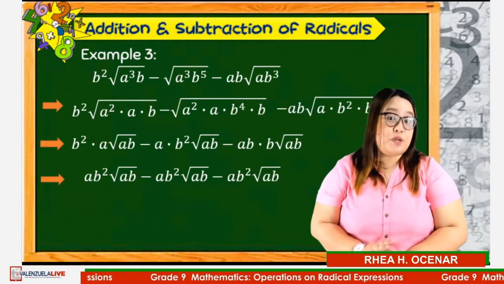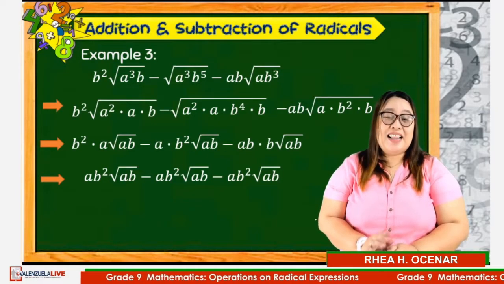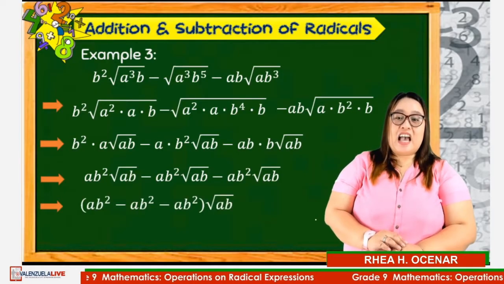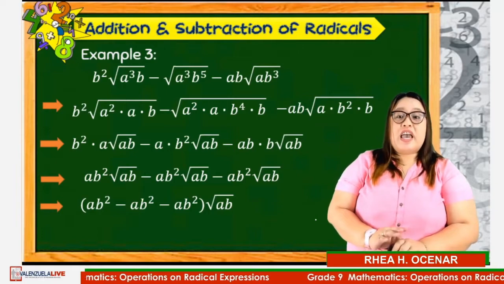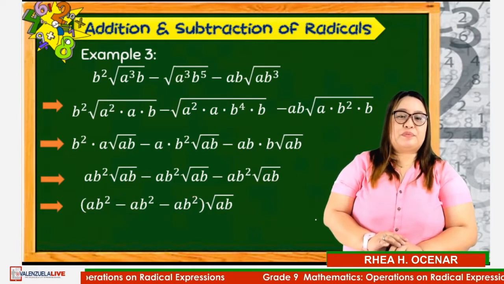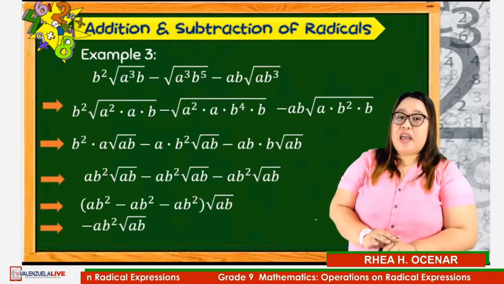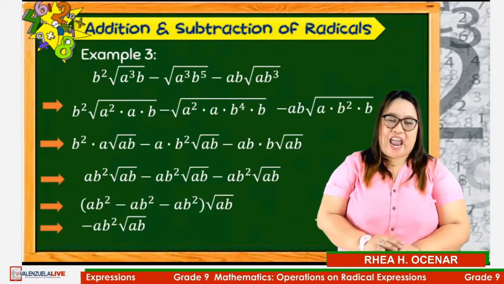What do you observe? Very good. They are like radicals. As a result, we will combine the coefficients and then copy the radicals. We have negative ab squared square root of ab.